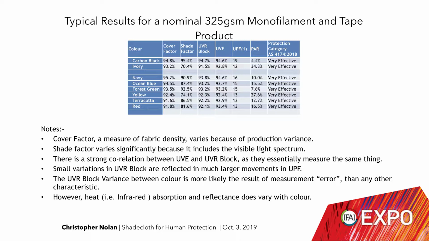So if you're including this in a factor, of course it's going to vary very significantly. But the difference in that shade factor is not an indication of how effective the shade cloth is in offering protection.